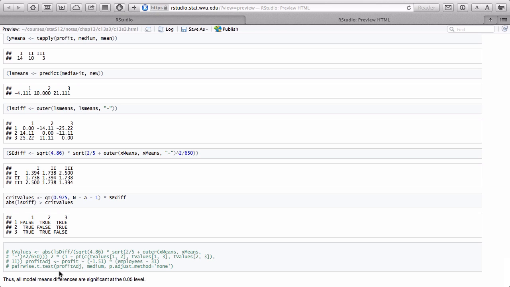So I haven't found how to easily make that adjustment to pairwise.t.test. My idea was to try to do this in terms of the adjusted means, but again, I didn't really check this out to the point whether I know it works or not. But there may be a way to do it.